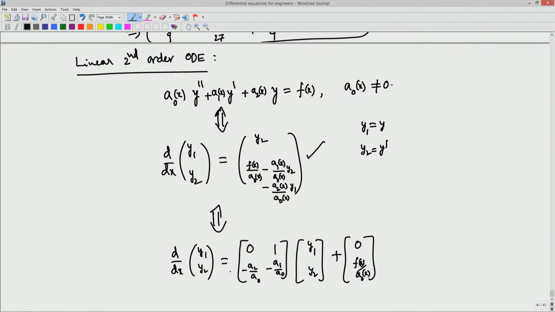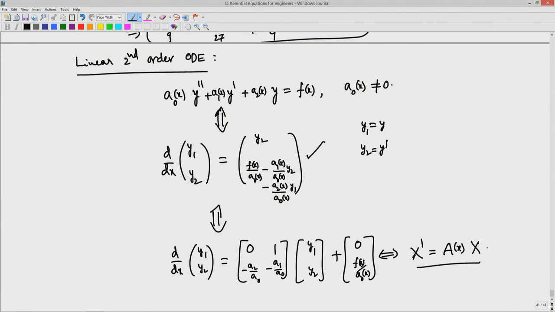So you have something equivalent to x dash, where x is a vector which is y1 and y2, equal to some matrix A which depends on x, because a0, a1, a2 are functions of x, times x again, which is a vector. So this is your linear system.